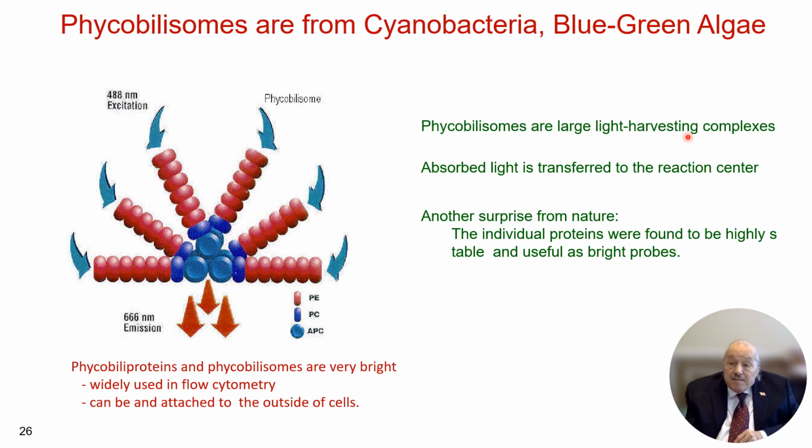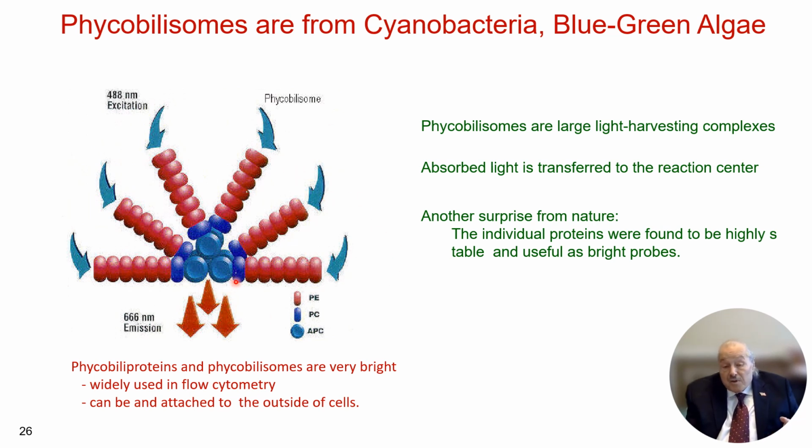Okay, again to another change in topic, and these are the phycobili proteins, and this was another surprise from nature. In the process of photosynthesis, we have phycobilisomes from certain types of blue-green algae.